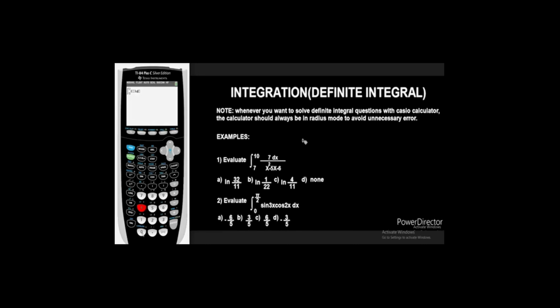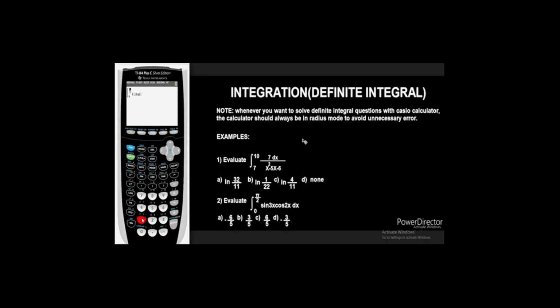The lower limit there is 0, and the upper limit is pi over 2. So firstly bring out the fraction button, press alpha, this trace button, then press this y equals button, then press 1 for the fraction button.